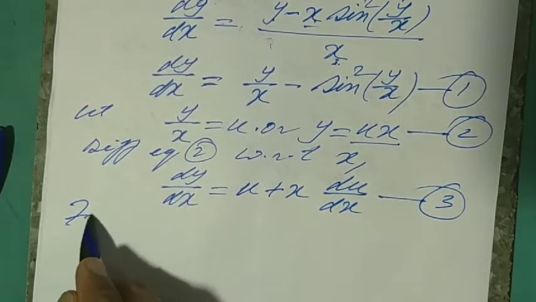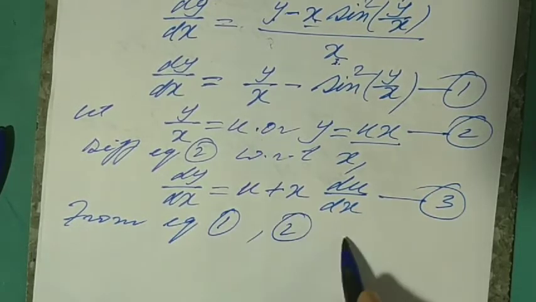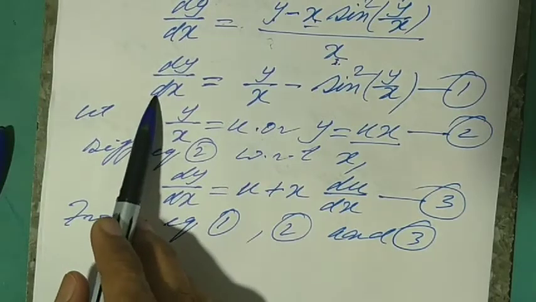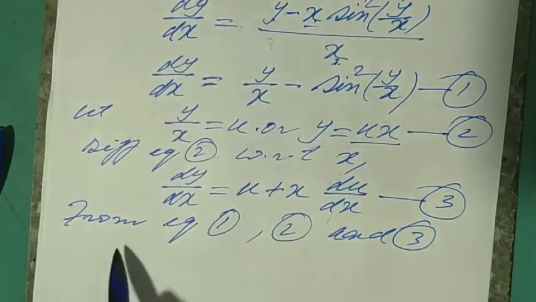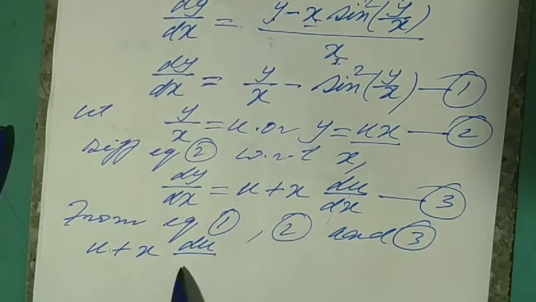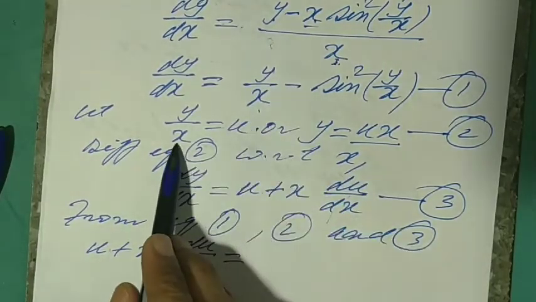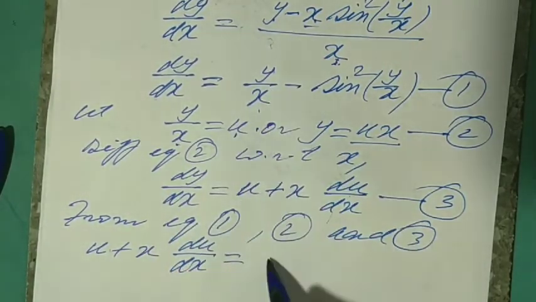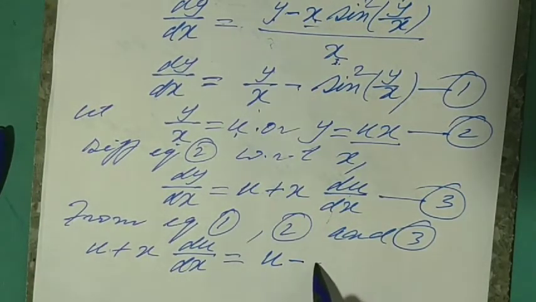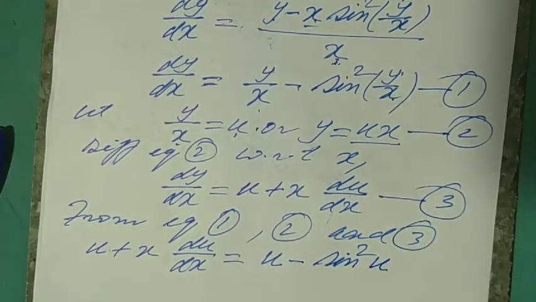Now from equations 1, 2, 3, we have to replace this dy upon dx by u plus x du upon dx in equation number 1. So on the left hand side, u plus x du upon dx is equal to, on the right hand side, y upon x is equal to u by our substitution, so this may be written as u only, minus sine square of y upon x, again that is u.